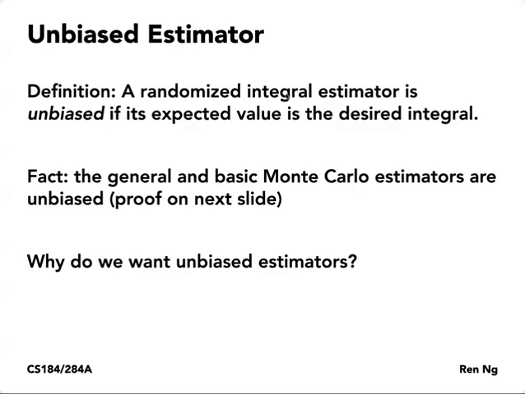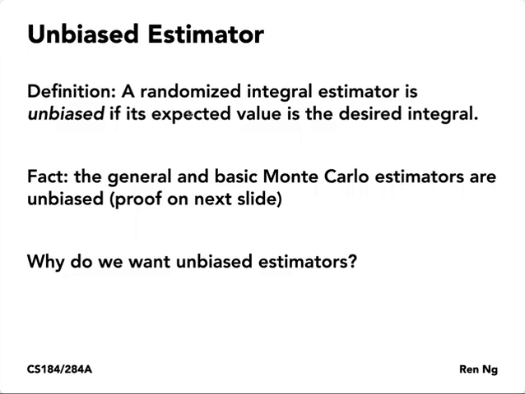The randomized integral estimator is a random process, remember, because we're choosing random sample locations in order to evaluate the function. We can do that again and again. If we drew 10 samples and estimated the integral, we get a number. If we do it again, we'll choose 10 different random locations and we'll get a different random number as an estimate for the integral. So capital F sub n is a random process. We'll get different values every time we run it.